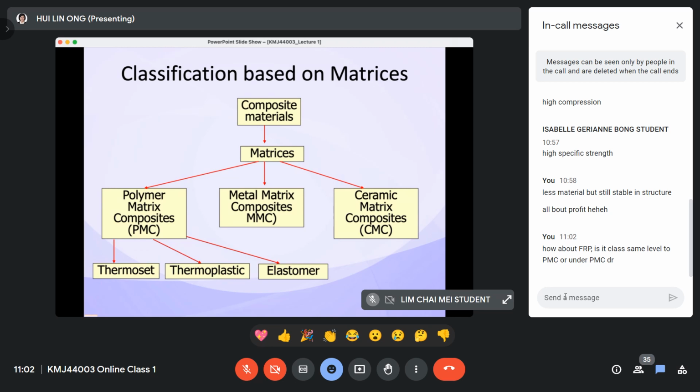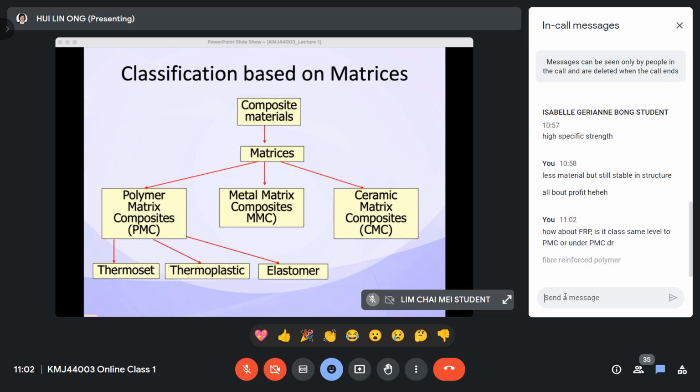How about FRP? Fiber reinforced. Oh, don't use the short form. What does FRP mean? Fiber reinforced polymer. Is it the same class level as polymer matrix composite? What is your question? Fiber reinforced polymer.